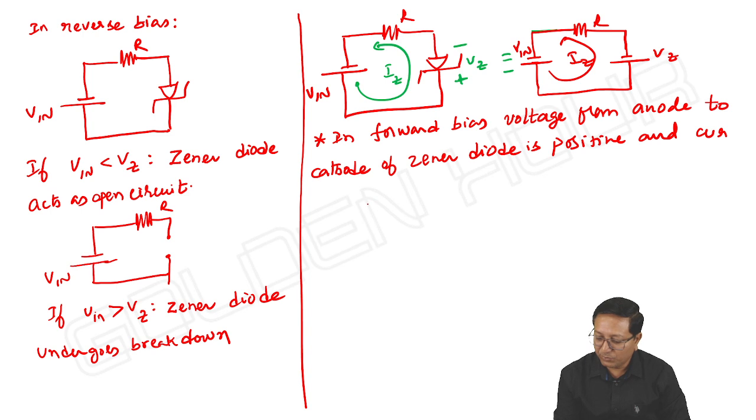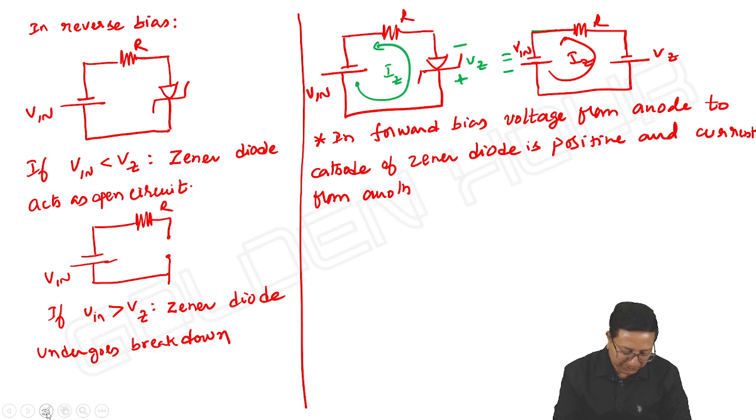Or I can write, voltage from anode to cathode of the Zener diode is positive and current from anode to cathode is positive.